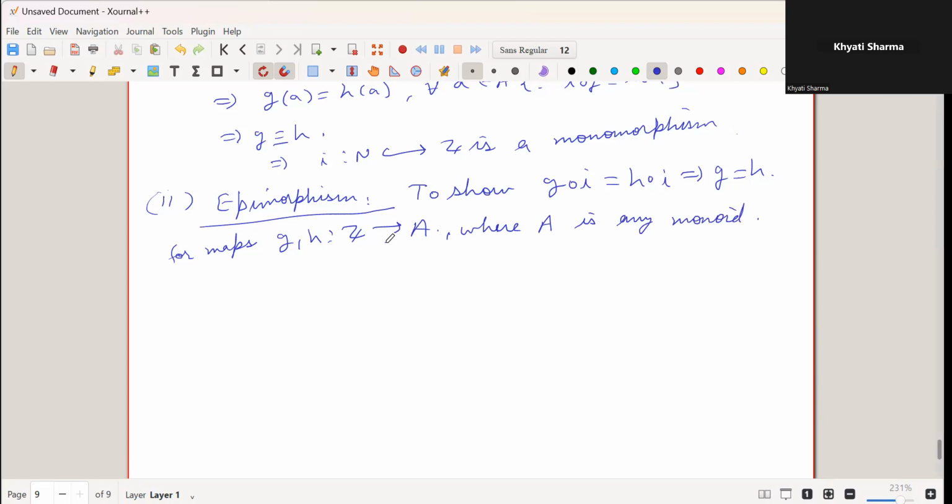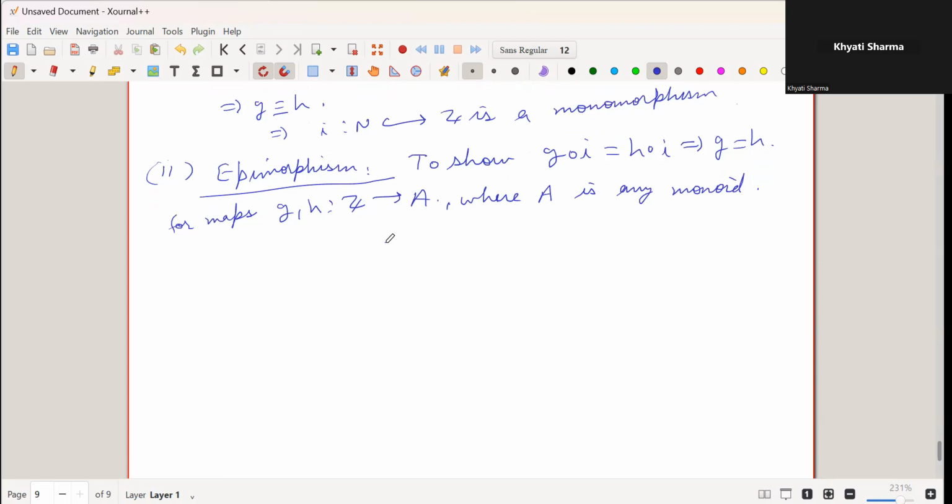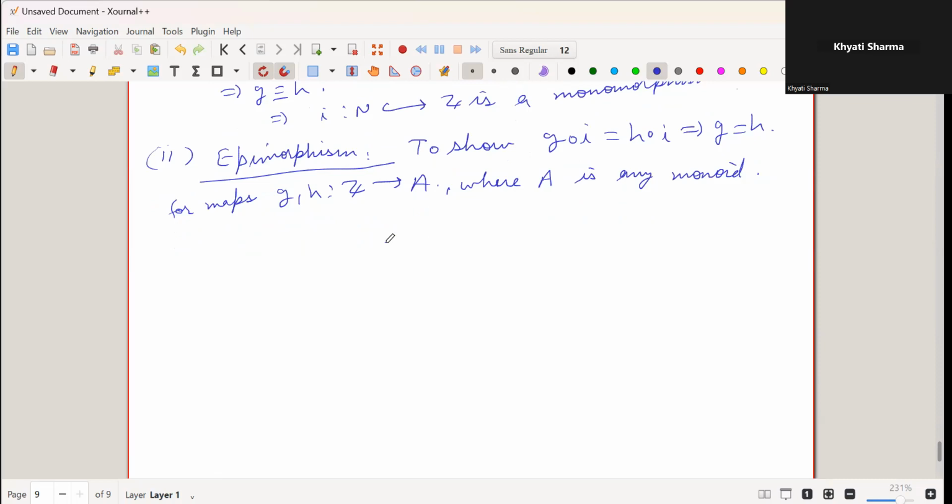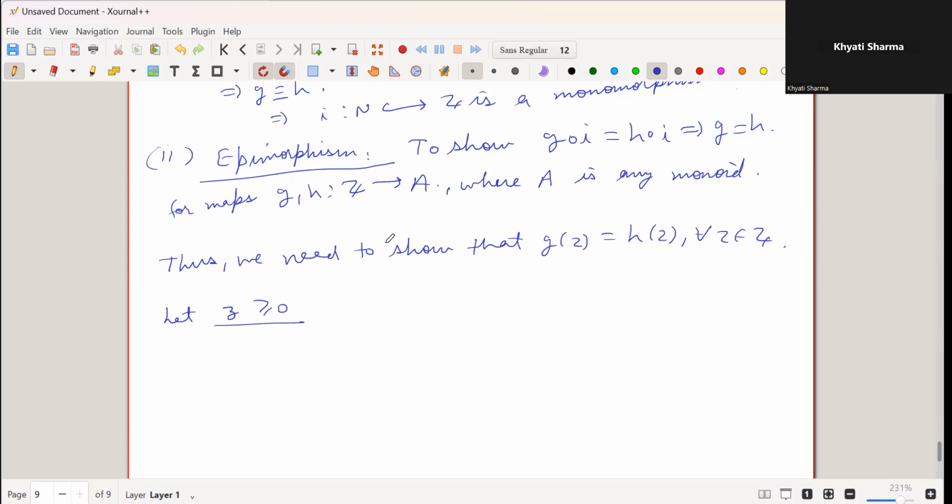Okay, so this is a bit tricky. So thus we need to show that G(z) is equal to H(z) for all z belonging to Z. Okay, so for that, now let z be greater than or equal to 0.